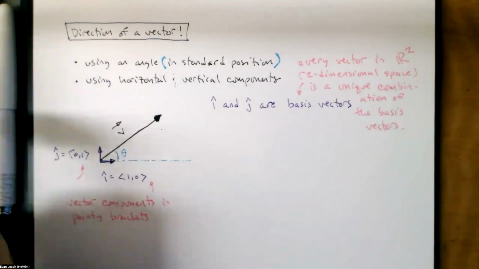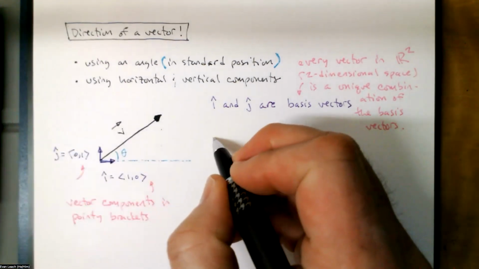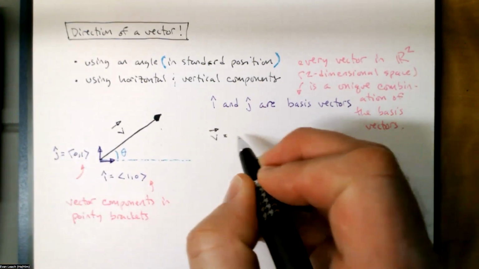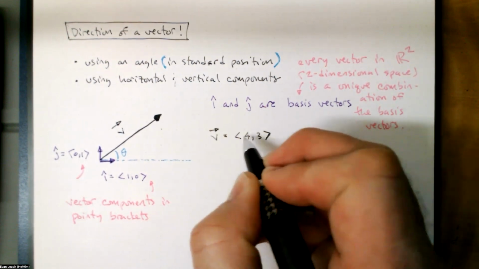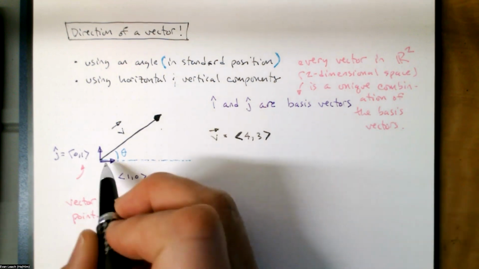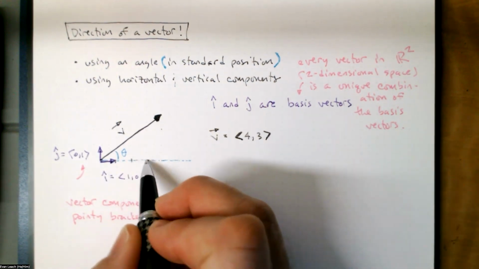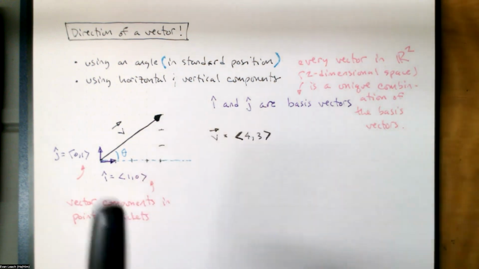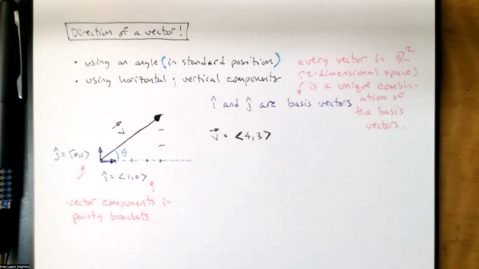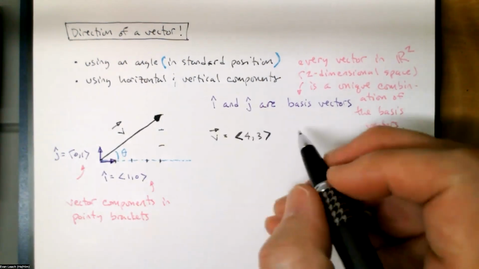So we might describe this vector v as <4, 3>, because we went 1, 2, 3, 4 in the i direction, and 1, 2, 3 in the j direction. So when I say vector v is the vector <4, 3>, I'm listing the components. I'm writing it as a linear combination of i and j.